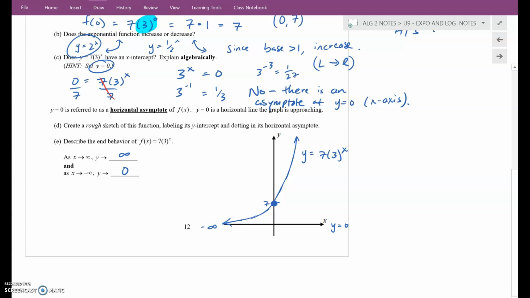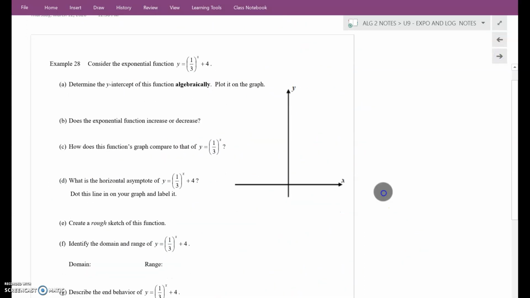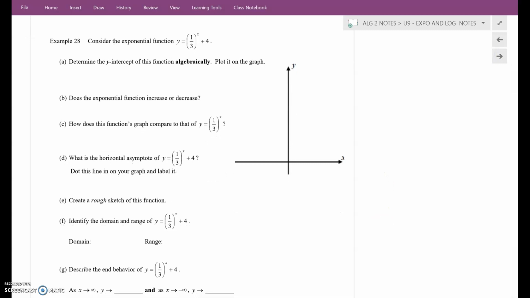Okay, moving on. Number 28, we have the function y equals (1/3) to the x plus 4. Y-intercept, again, x equals 0 at the y-intercept. So we have 1 plus 4, we get 5.